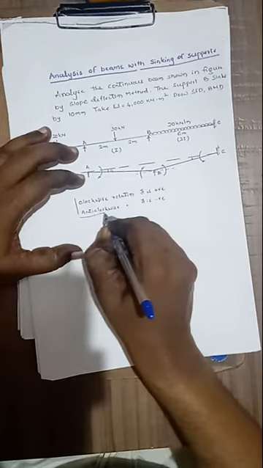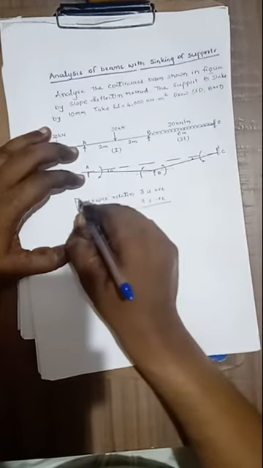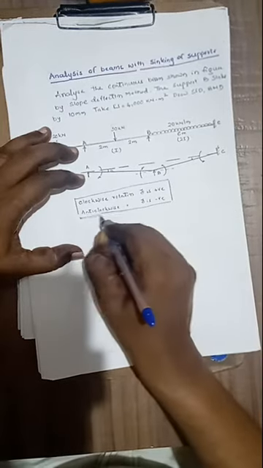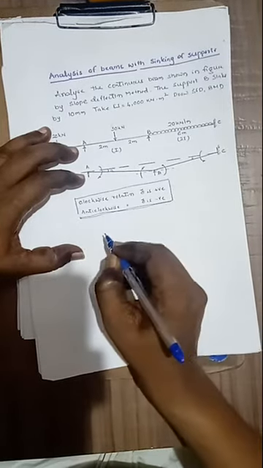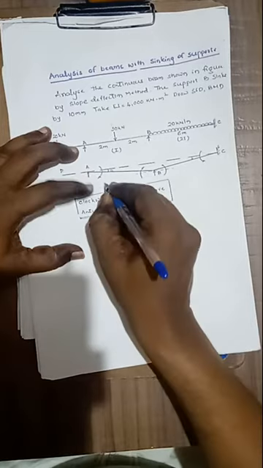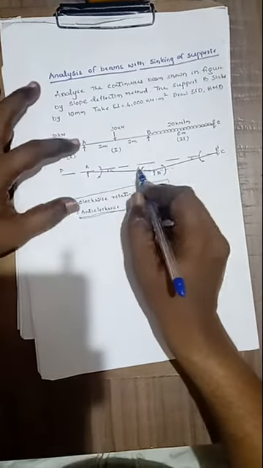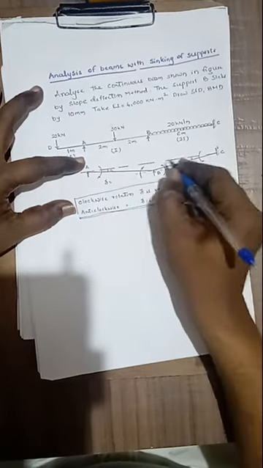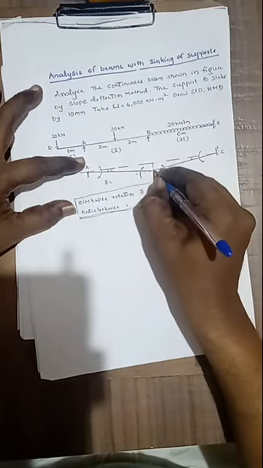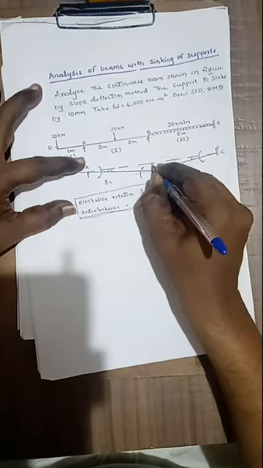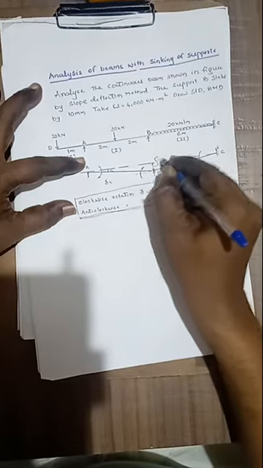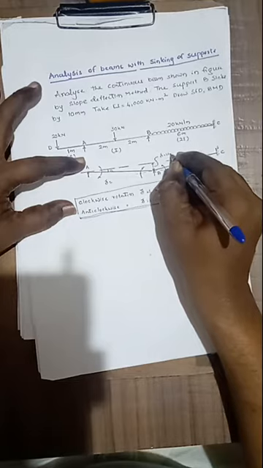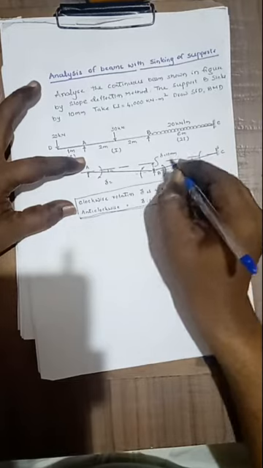We have to remember this; in the beginning of this topic we discussed the sign convention. For span AB, delta equals 10 millimeter, since with respect to its original position it is settled by 10 millimeter in downward direction.